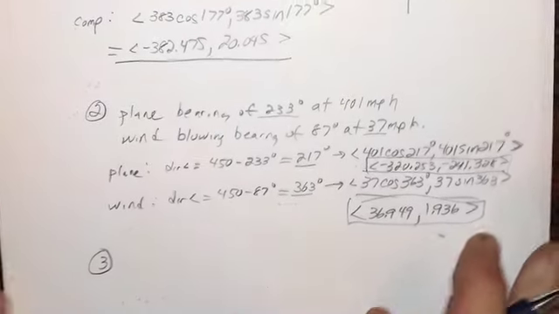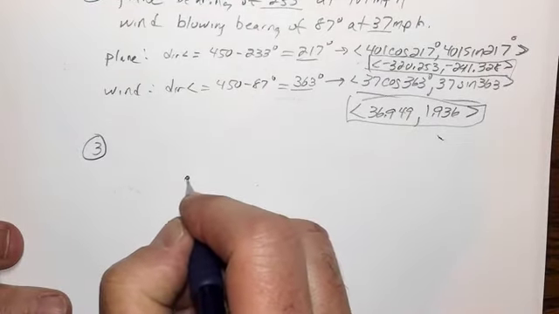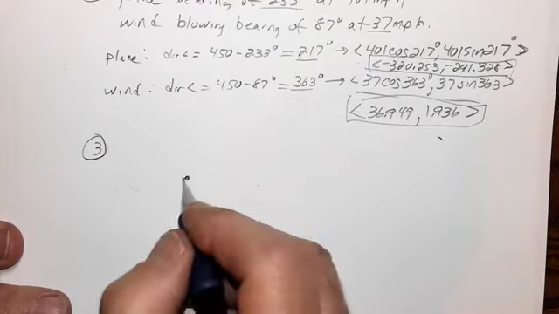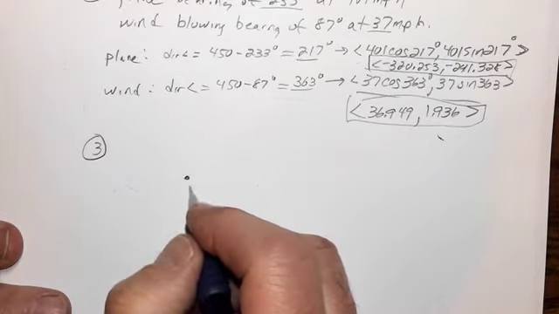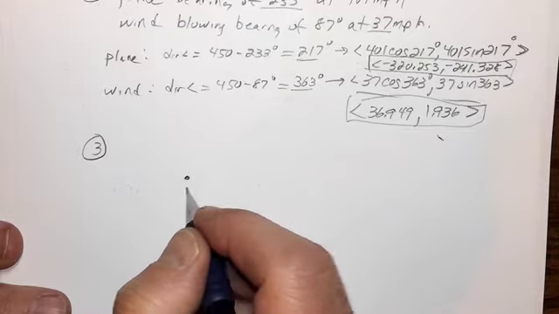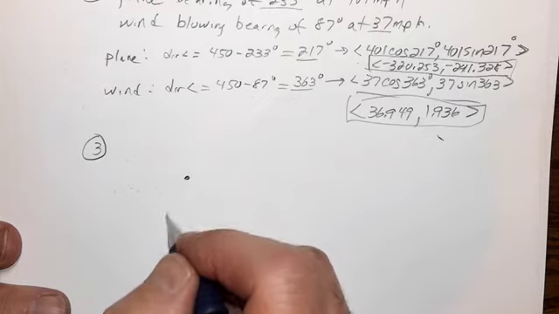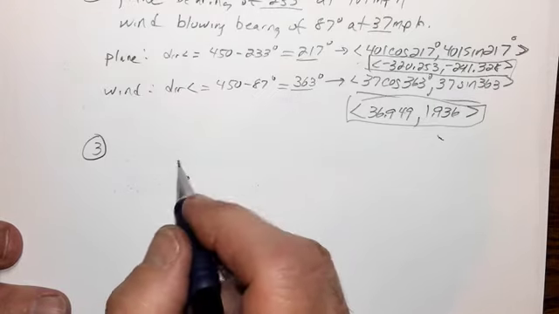Now one more type of problem that can be done with this is using forces. Quite often forces act on a single body. You have the direction something's going and a force acting this way, and we're going to look at several different forces acting on this, and we want to find the component form of each one of them.